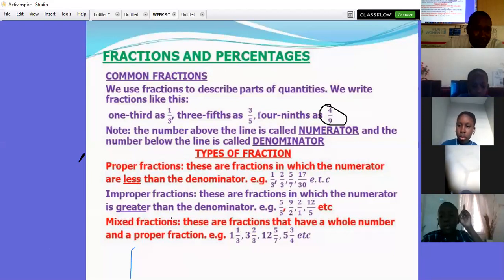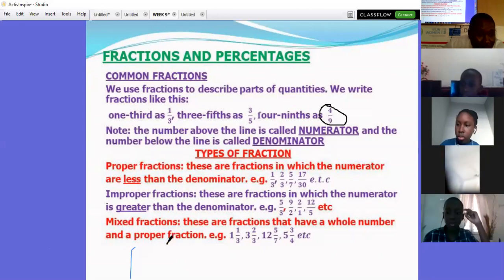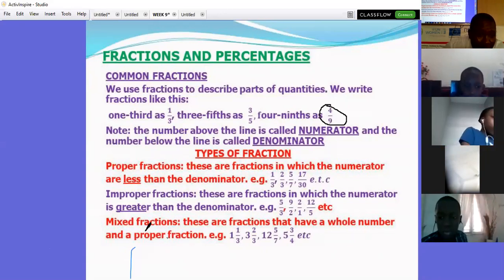Okay, Toiba, give me another example of an improper fraction. 9/2. That's correct. Thank you very much. What about Abdurrahman? Give me also. Say it again. I'm finding it hard to hear you, Abdurrahman.